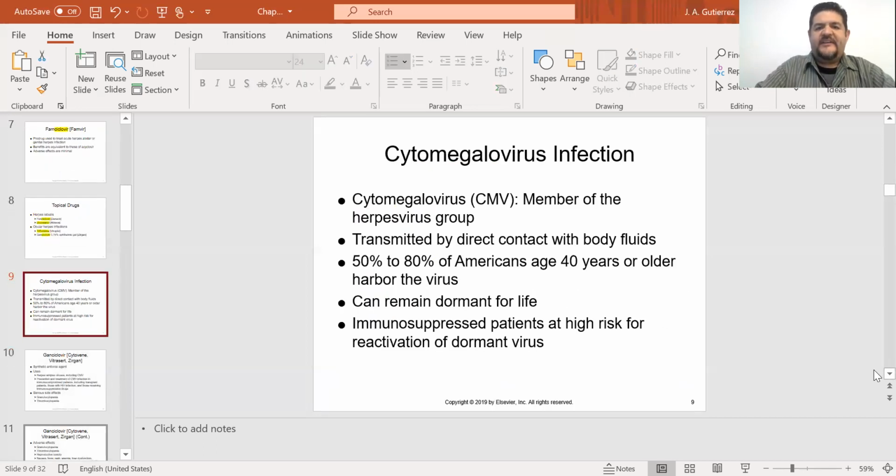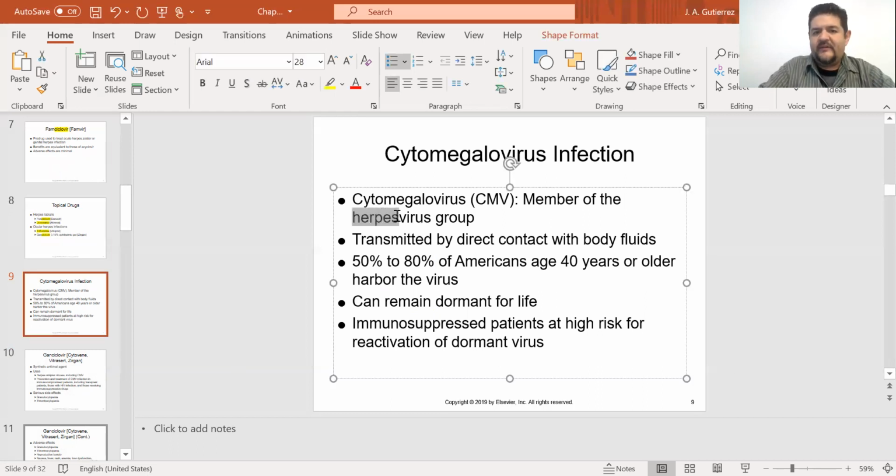Okay, also we have cytomegalovirus. This virus is also part of the herpes family. This type of virus is transmitted via body fluids. So in high school, they know it as the kissing disease. This is a virus that produces mono.